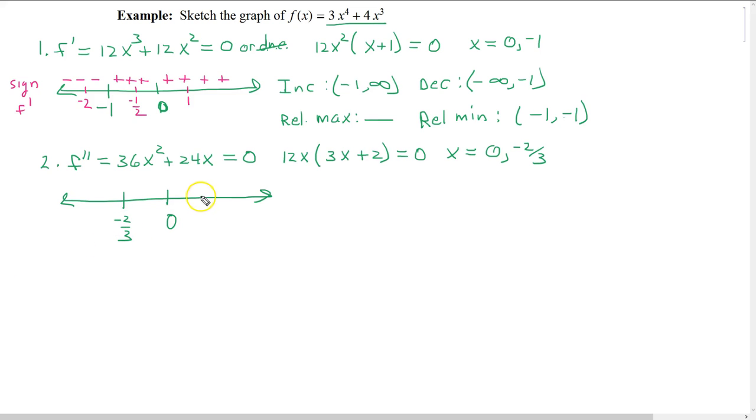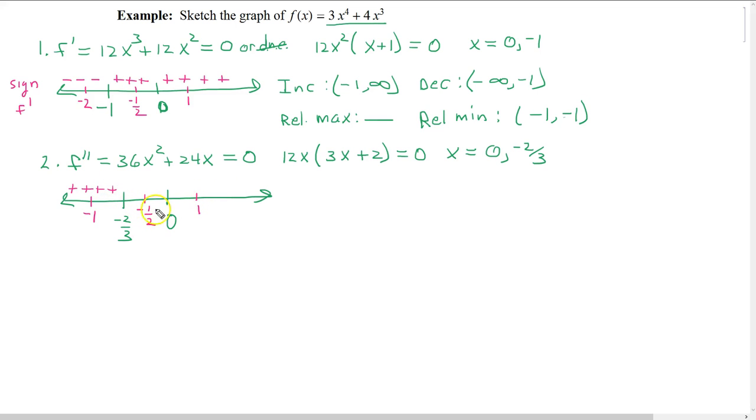Pick some test points like 1, -1/2, and -1. Let's see, if we put -1 into our second derivative here, this will be negative. -1 going in here for x, this will be negative as well. -3 plus 2, that's negative, so we will be positive here, concave up.